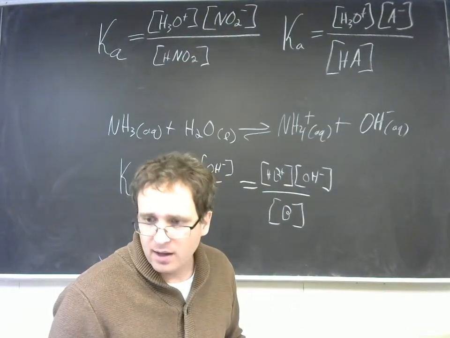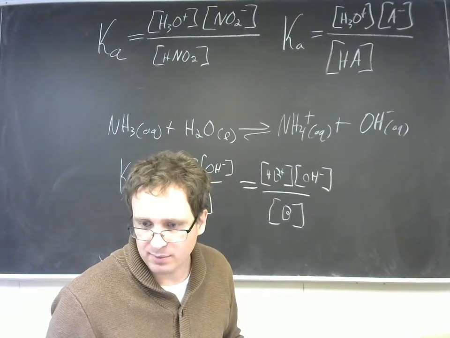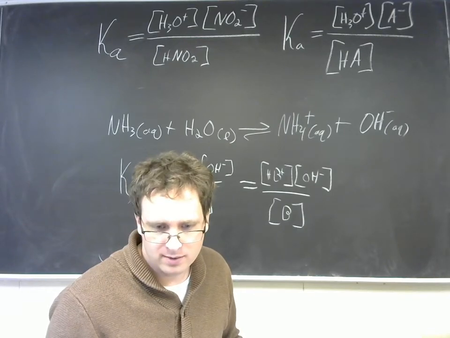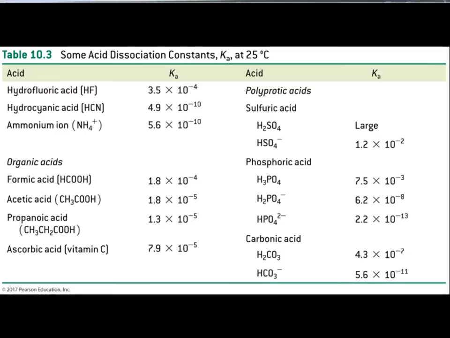So let's look at, sorry, let me advance here to the right figure. Okay, table 10.3 is going to give you some Ka values for a number of different weak acids. You'll notice some of them are very, very small indeed.